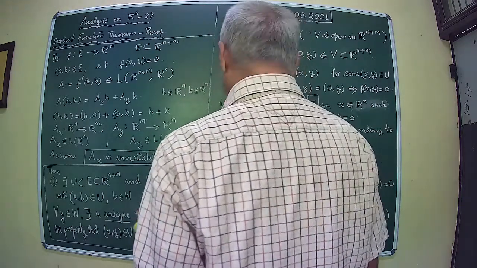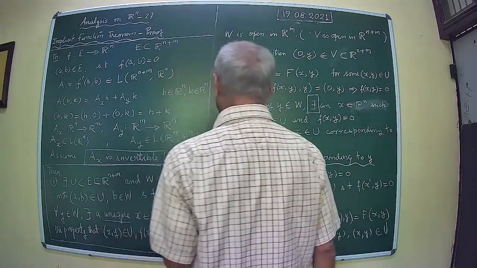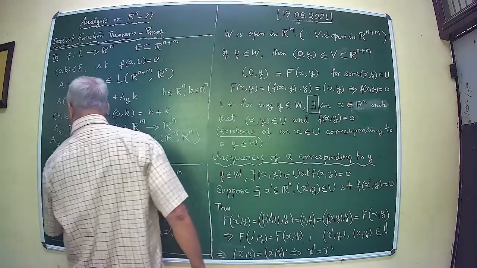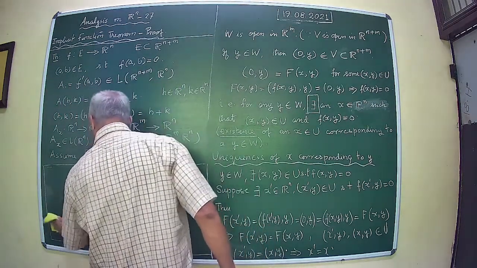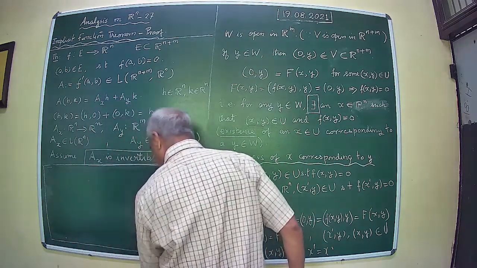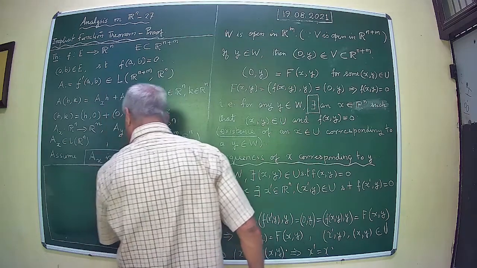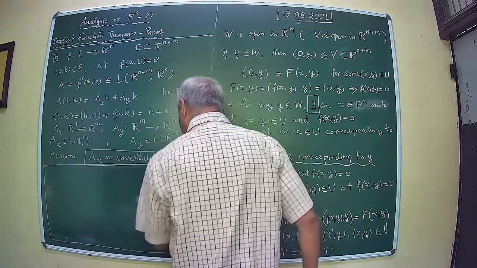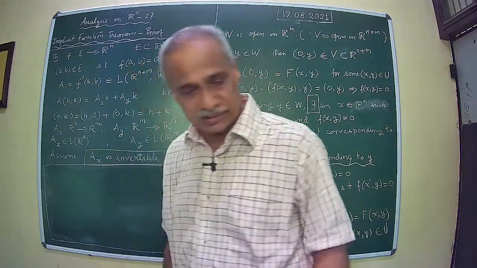Now let me write down the second statement. Okay, so having got this, what is that you are asserting? Second statement of the theorem, or second part of the theorem. So what is the consequence?